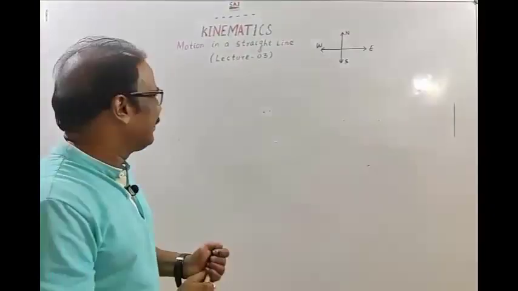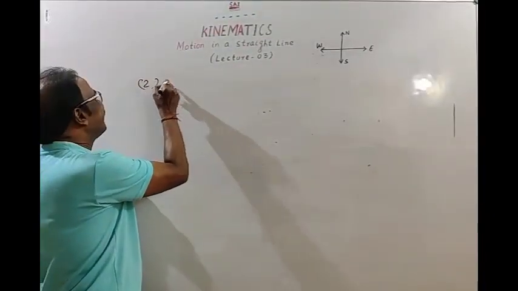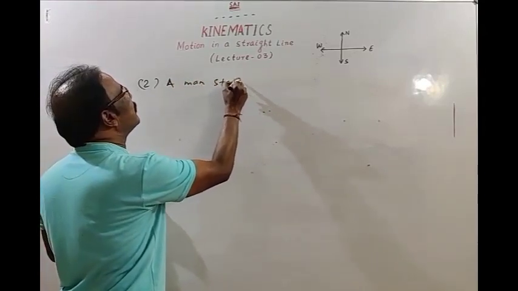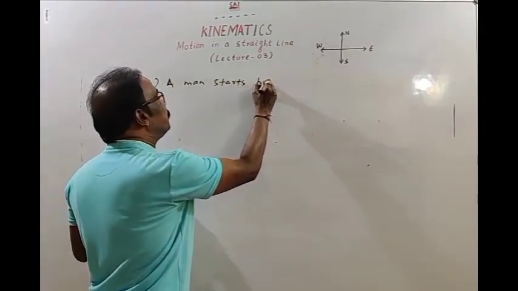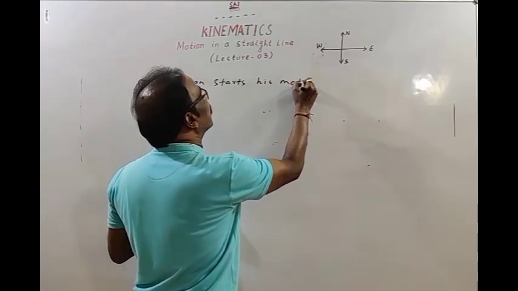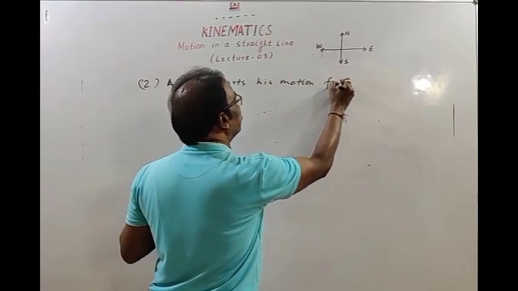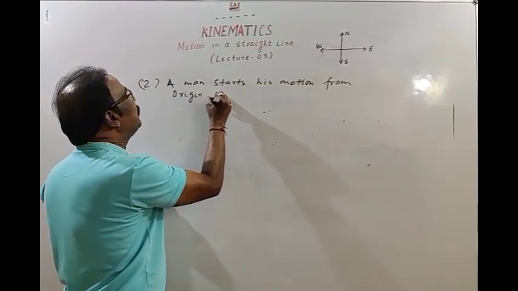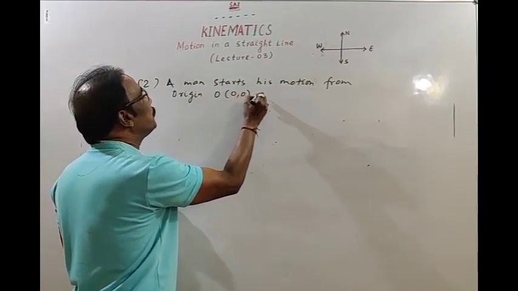Question number 2. A man starts his motion from origin. Let origin be O, coordinates of origin are 0, 0.